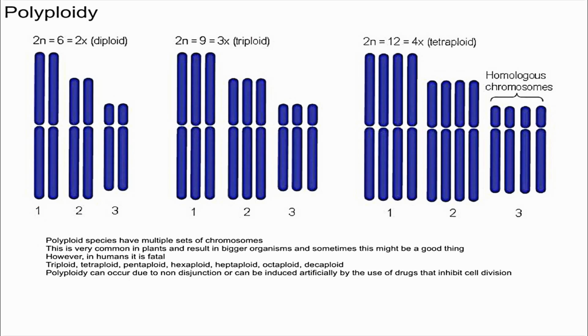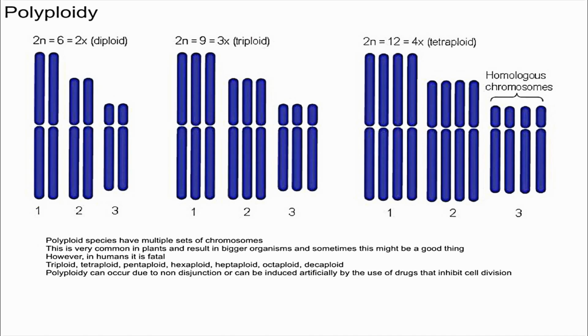And where do we see this in nature? Well, this is actually really common in plants and the fruits that we eat, for example, strawberries and kiwis. Plants are able to tolerate polyploidy, while in humans it's fatal.